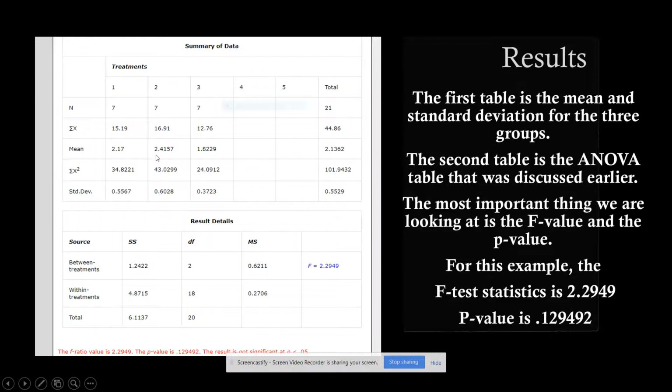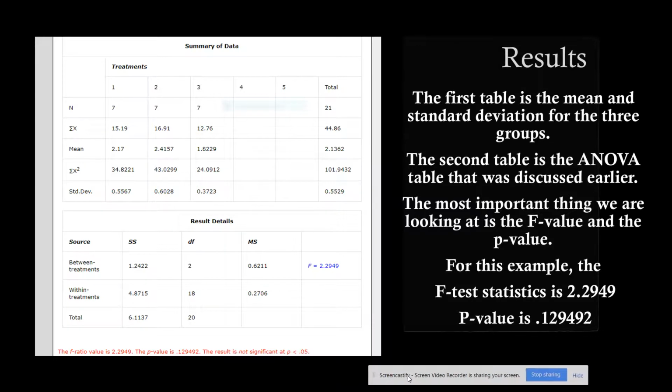For store 2, it's 2.4 with a standard deviation of 0.60, and for the third one, it's 0.82 with a standard deviation of 0.3723.